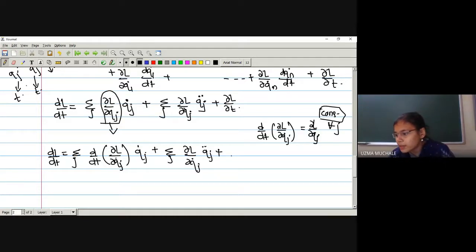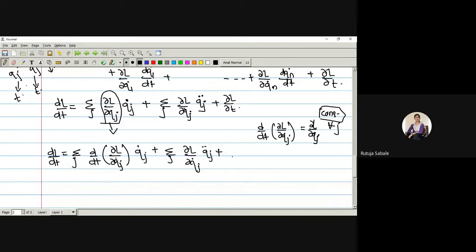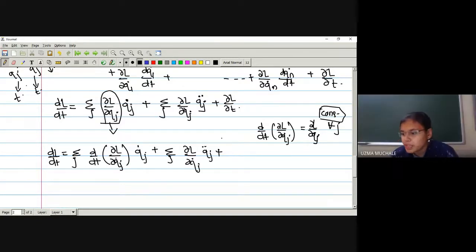Now, can anyone tell me the value of dou L by dou t? 0. Okay, so if it is equal to 0, I can write plus 0, or simply the two terms. Now, as summation over j is common, and here also dou L by dou qj dot is there, I will do some adjustment so that the two terms can be written as one term.